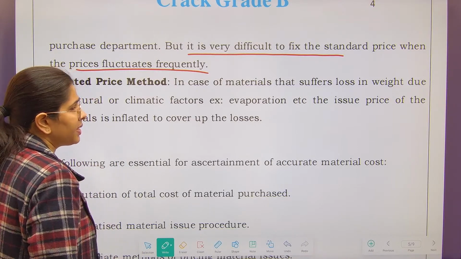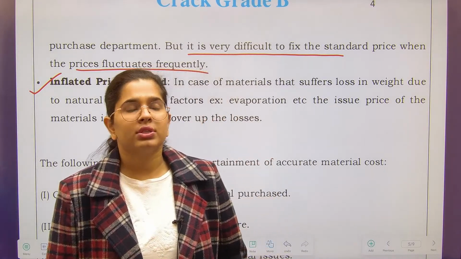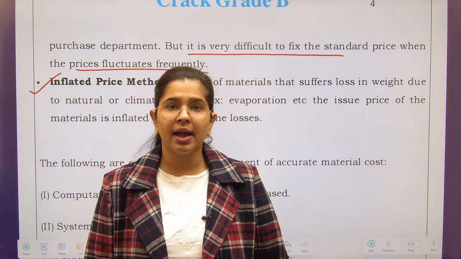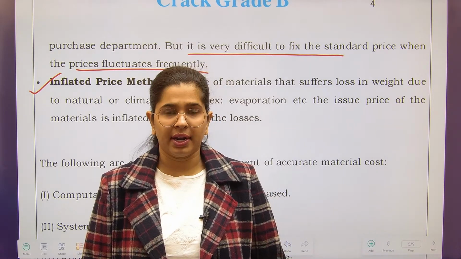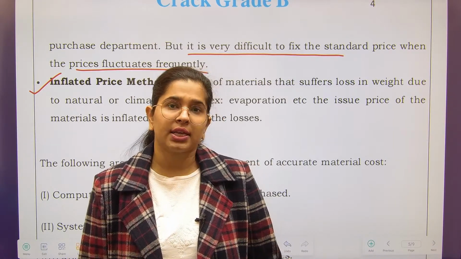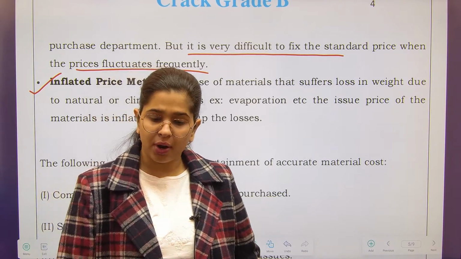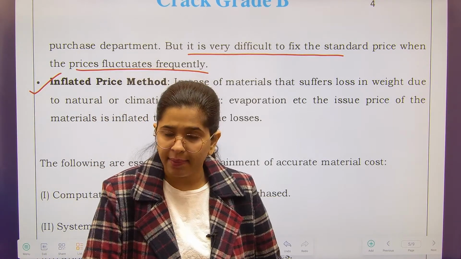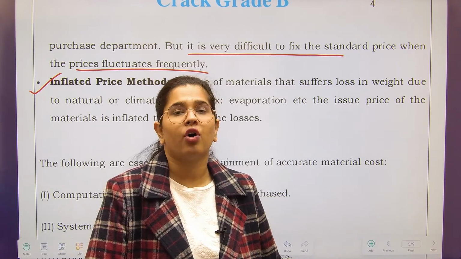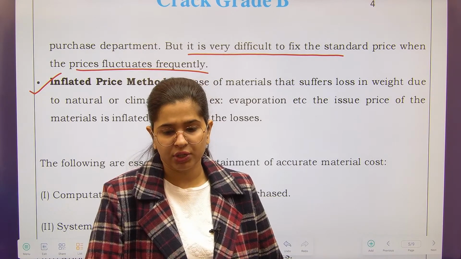Next is the inflated price method. Inflated price method means suppose you have suffered losses. Suppose you have purchased 20 units of maida at the cost of 10,000, but some quantity of maida has been lost in transportation. So 5 bags of maida got destroyed while transporting them, and they were not of good enough quality to use for the production process.